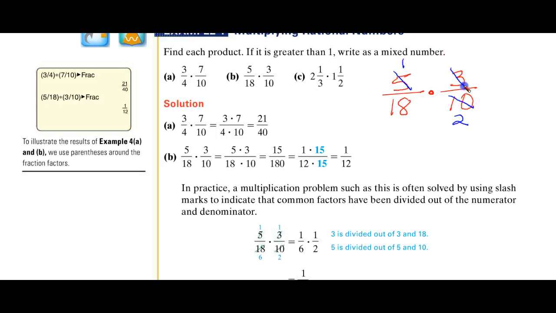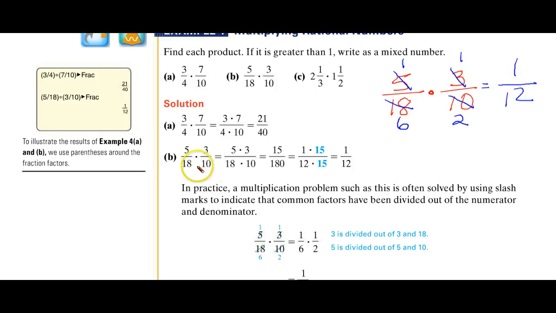I can take a 3 out of there, that goes once. A 3 out of there, and that goes 6 times. So now I've simplified my fractions, and for my numerator I get 1 times 1, and my denominator I get 12.